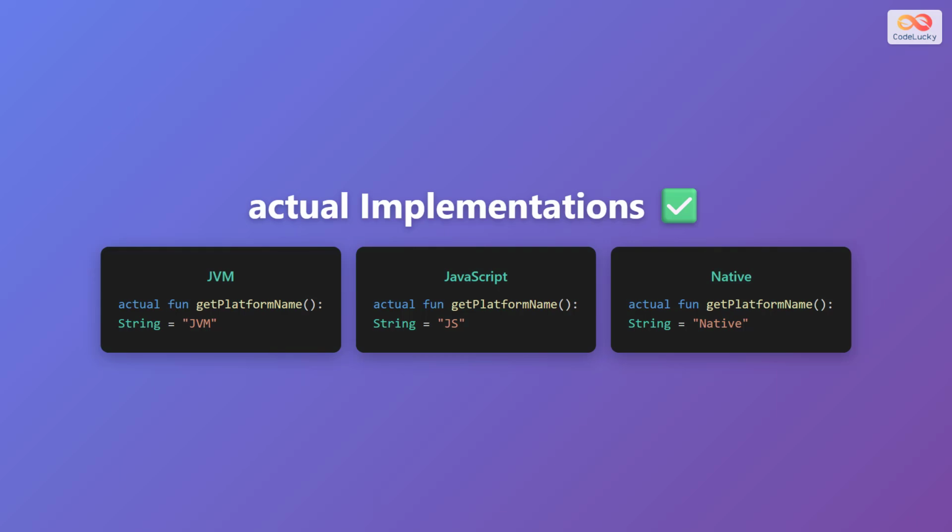The actual keyword tells the compiler that this is the concrete implementation for the expect declaration we defined earlier. When your code is compiled for a specific platform, the compiler matches the expect declaration with the corresponding actual implementation, creating a seamless experience where your common code can access platform-specific functionality.